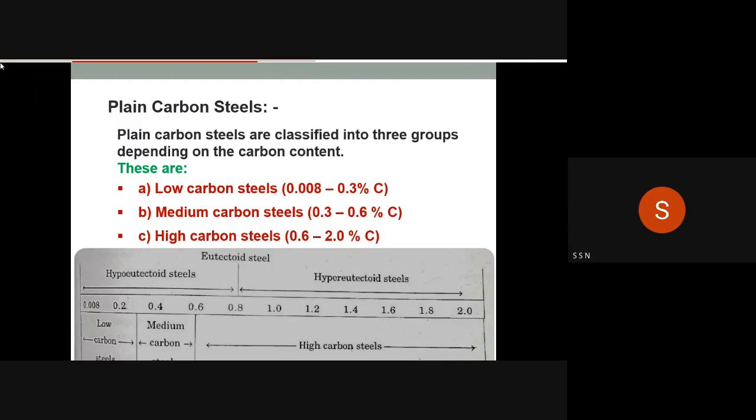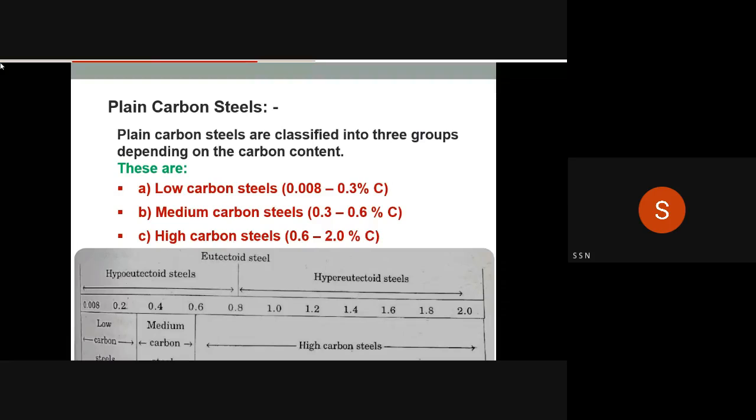In low carbon steel, the percentage of carbon varies from 0.008 to 0.3%. In medium carbon steel, it varies from 0.3% to 0.6%. And in high carbon steel, it varies from 0.6% to 2%.